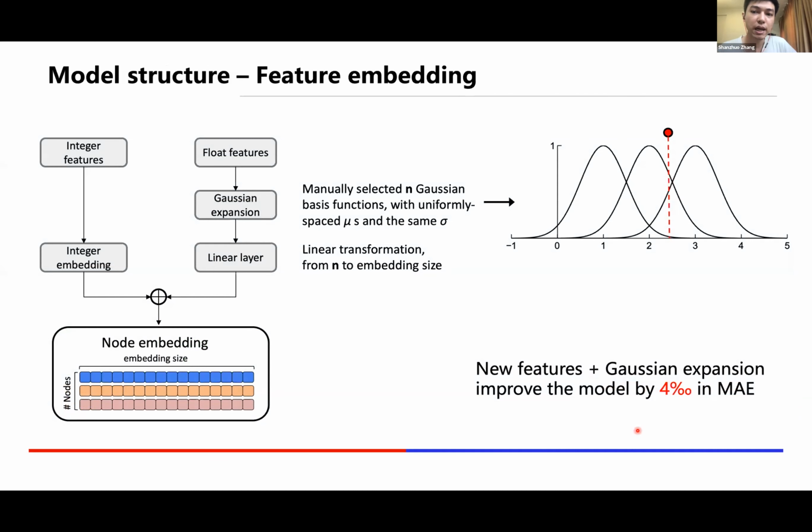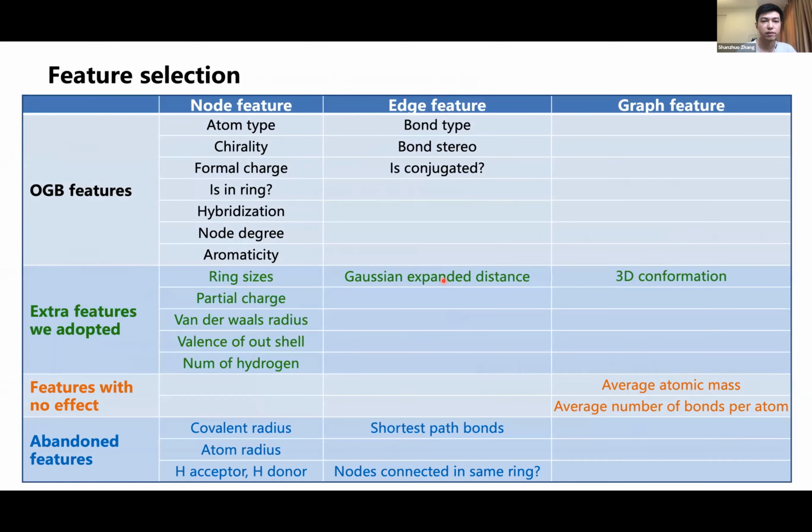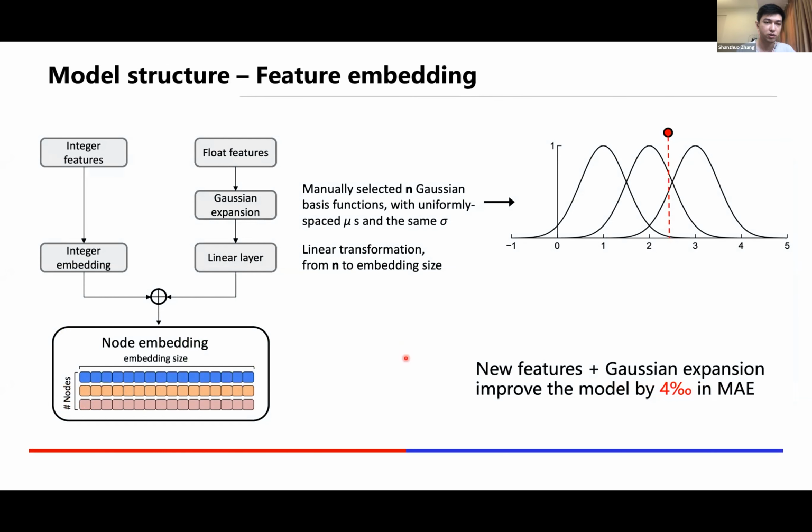So then let's see how we use these features in our model. There is a problem of feature embedding here, that we have some float features. Just as we show here, there are expanded distances, there are van der Waals radius. These features are floating point features.